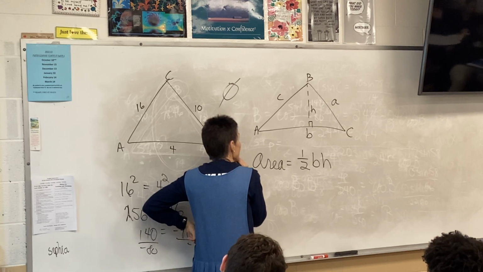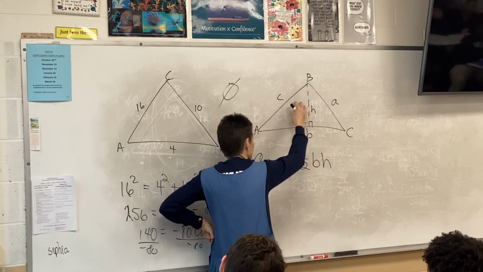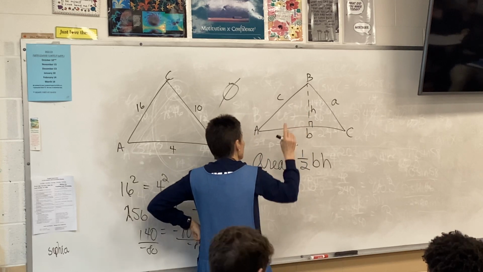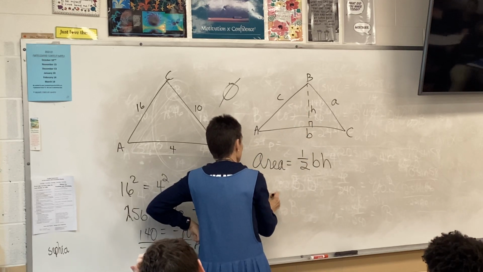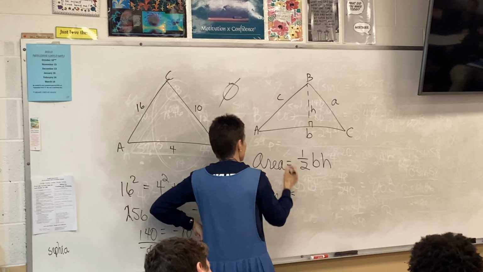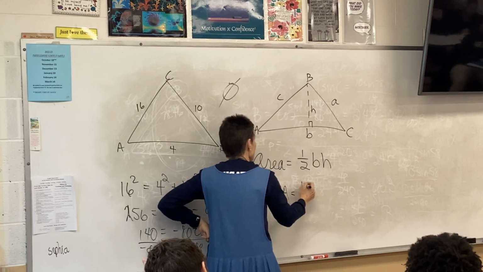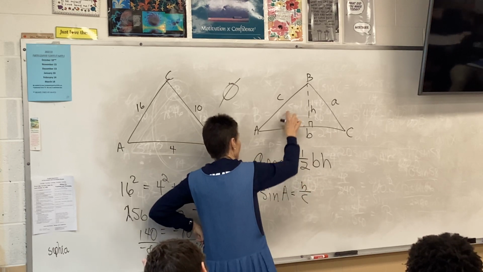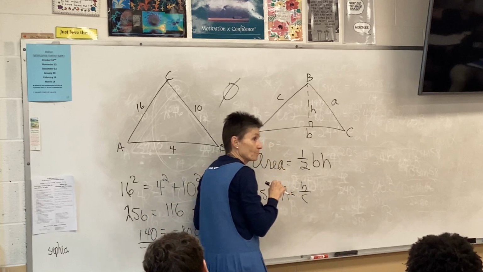Let's look at this right triangle right here. Would you agree that the sine of angle A is H over C? In this triangle right here, would you agree with that?